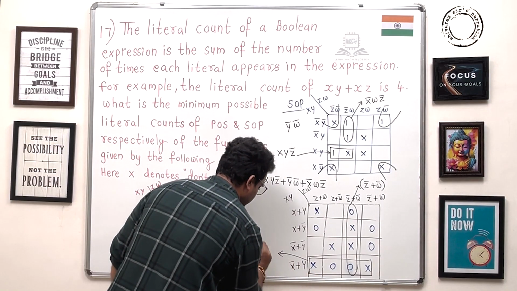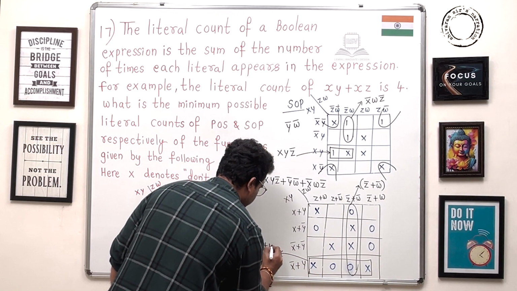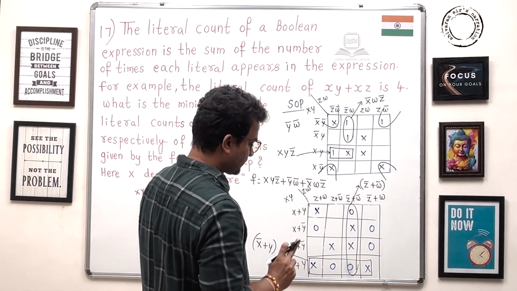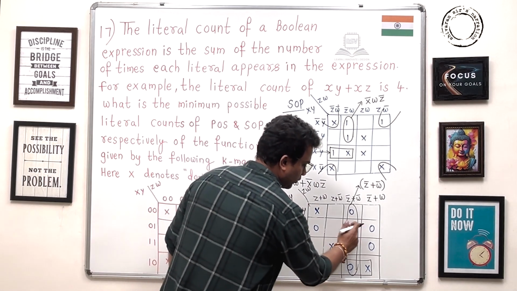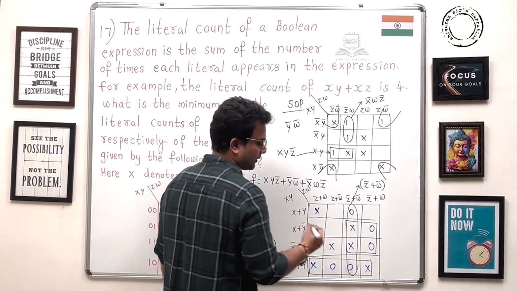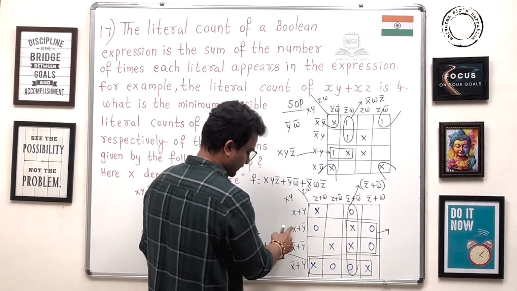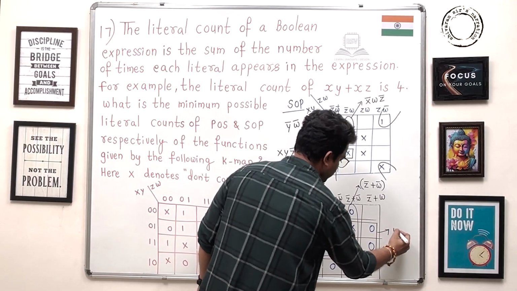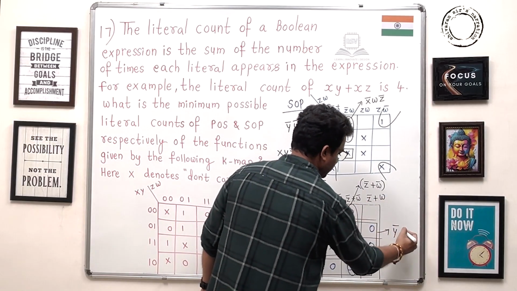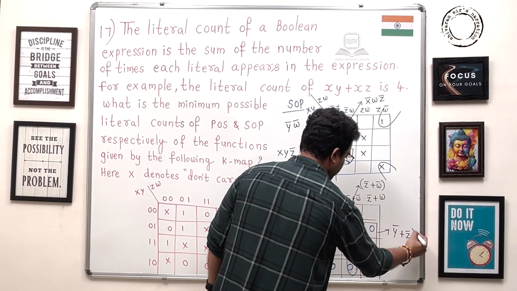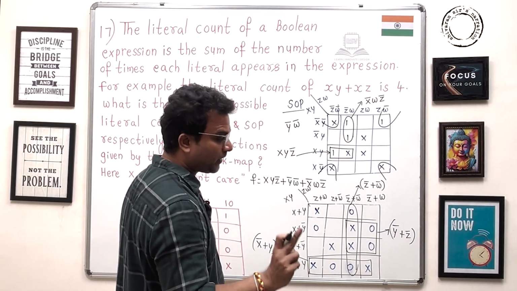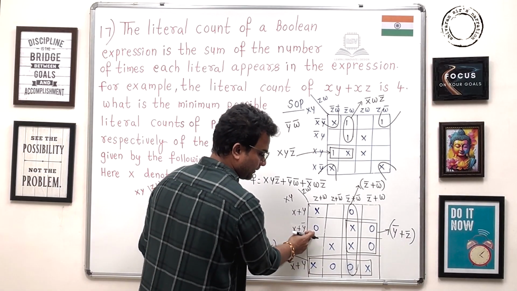Therefore here you get x bar plus y. Now what else? Here guys we have one more quad here, isn't it? Yes. Therefore you get x bar gets cancelled, y bar. Again here z bar plus z bar.